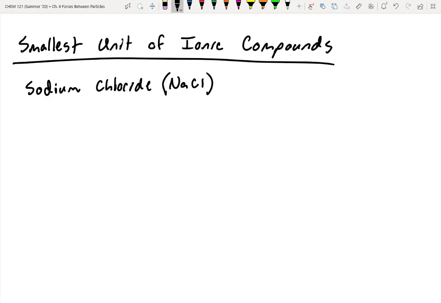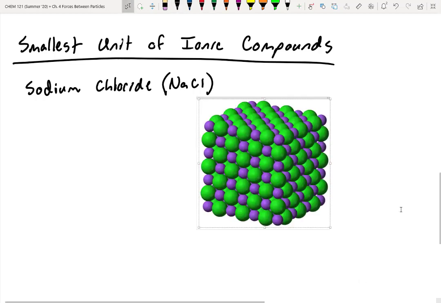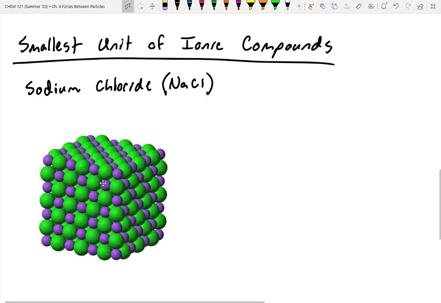Sodium chloride is in this big 3-dimensional network over here, and let's paste this picture in here. So this is sodium chloride, and this is called a crystal lattice.